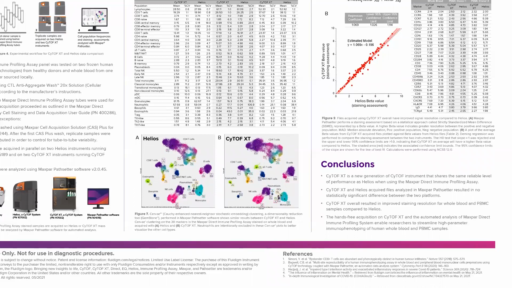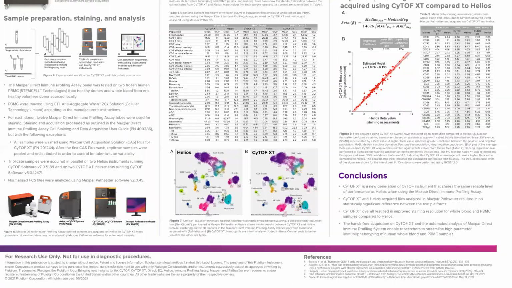The CyTOF XT overall resulted in improved staining resolution for whole blood and PBMC samples as compared with the Helios. Ultimately, the hands-free acquisition on CyTOF XT and the automated analysis of the MDIPA panel enables researchers for a more streamlined high-parameter immunophenotyping of whole blood and human PBMC samples.